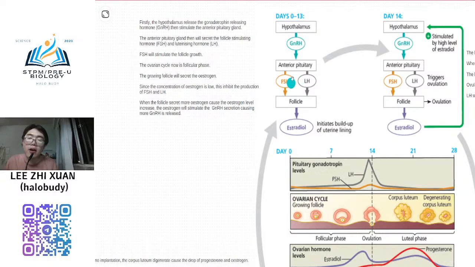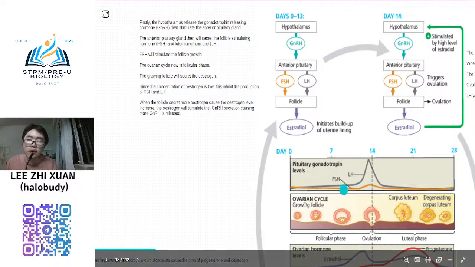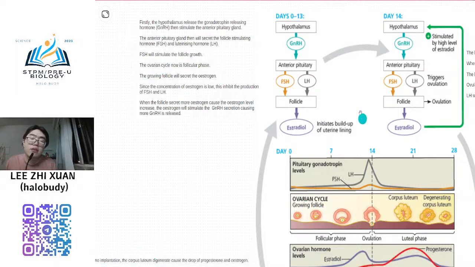For now, it will secrete more FSH compared to LH. Actually, both are secreted at the same time, but FSH is in a higher amount because, as follicle stimulating hormone, it needs to stimulate the growth of the follicle first. Now your ovarian cycle is in the follicular phase.